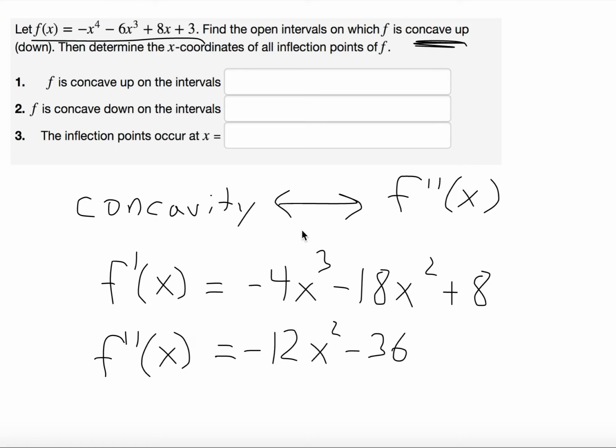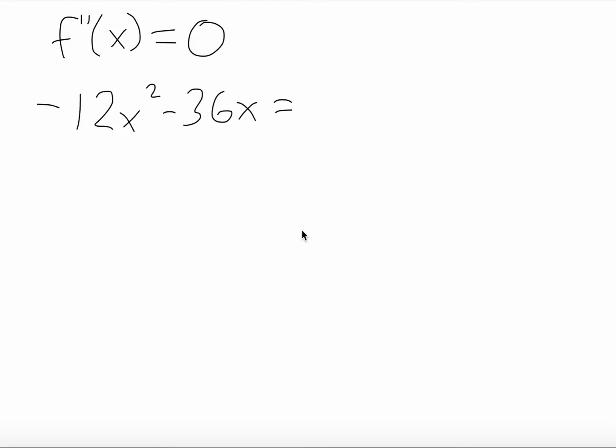minus 36x. We're going to do the sign chart process. Part of the sign chart process is that we really want to find where f double prime of x is equal to 0. That's our first step. So I have negative 12x squared minus 36x equal to 0.